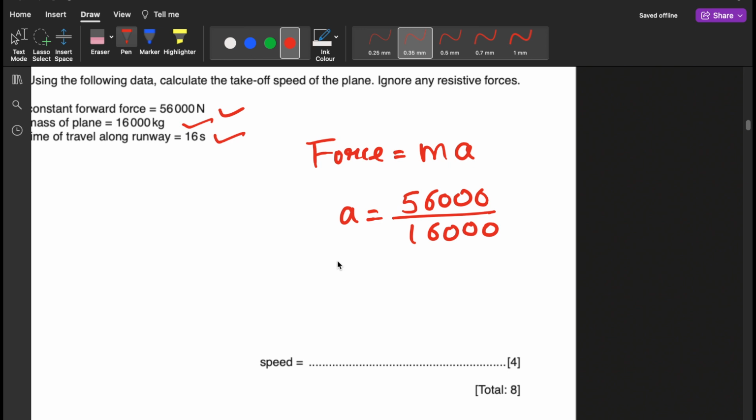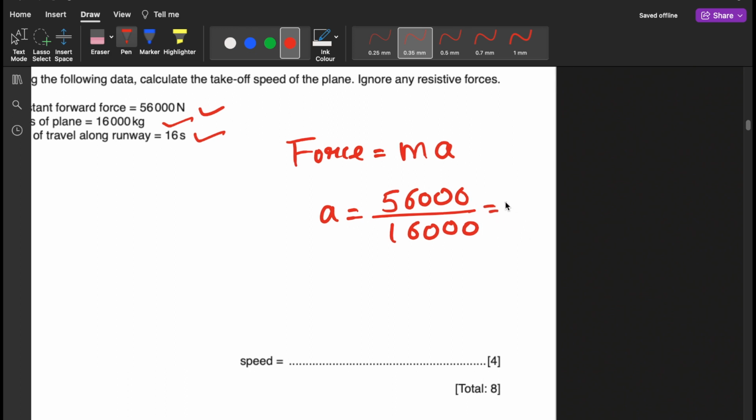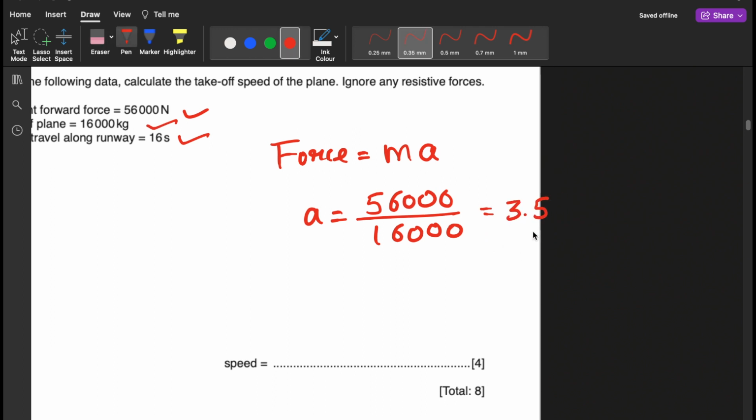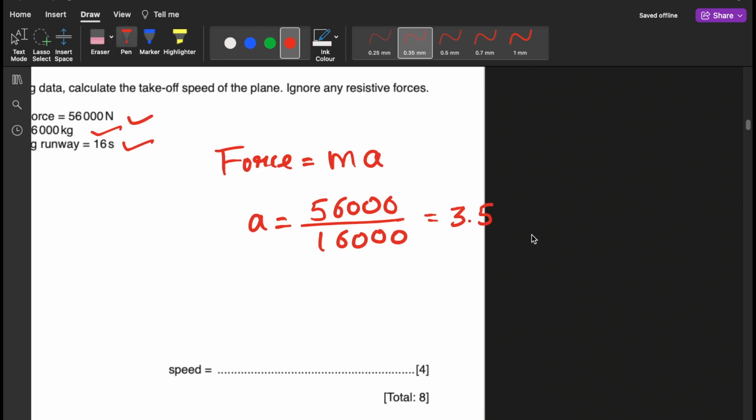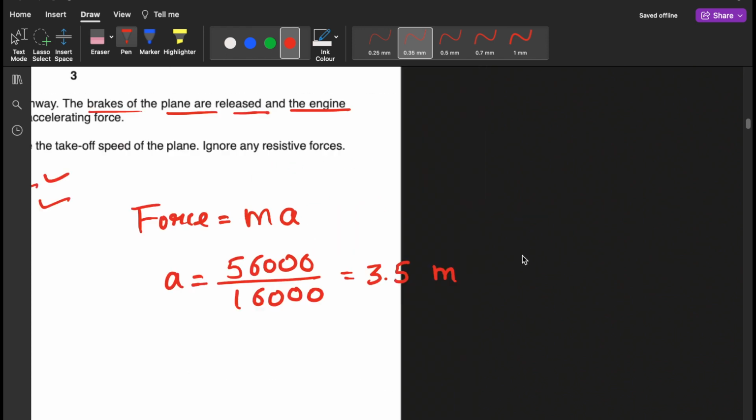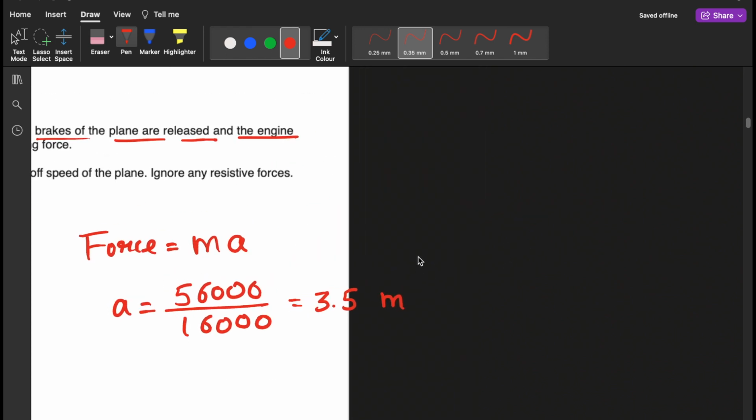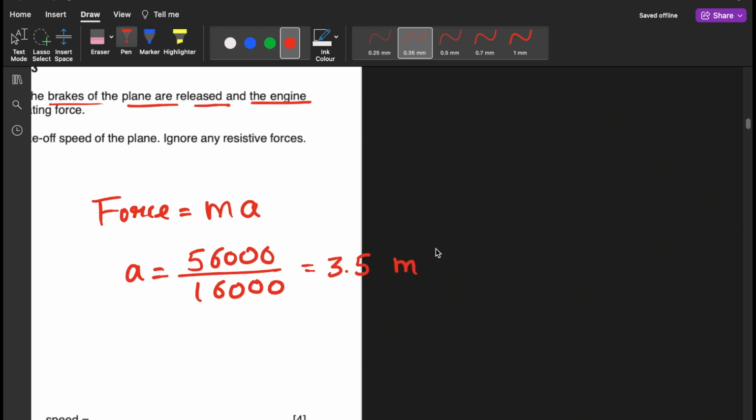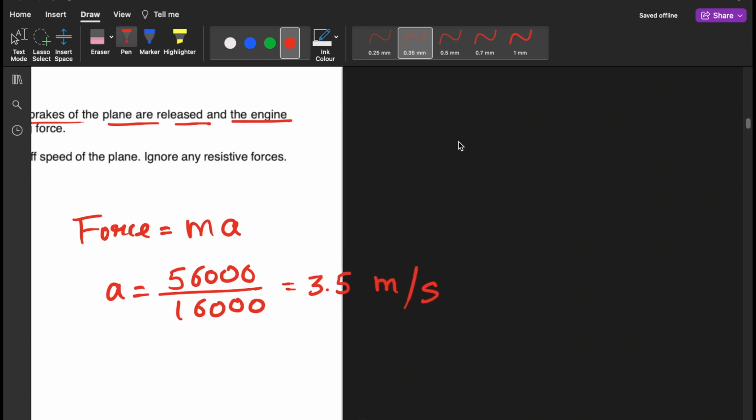Okay, 3.5. And what is the unit for that? Force by mass, meter per second. Then what is the unit for the speed? If it has the meter, what is the speed unit?